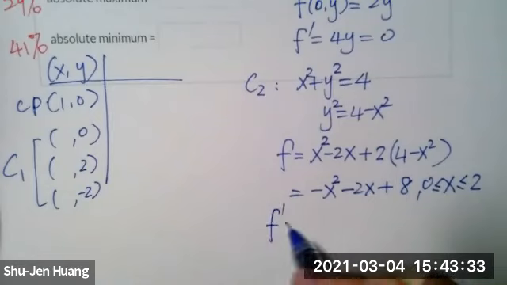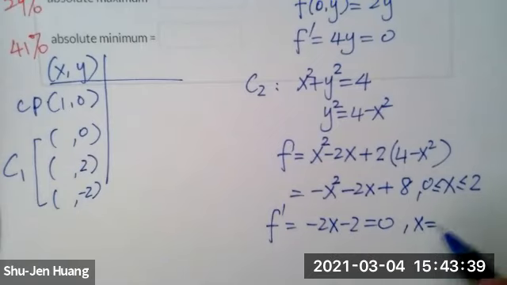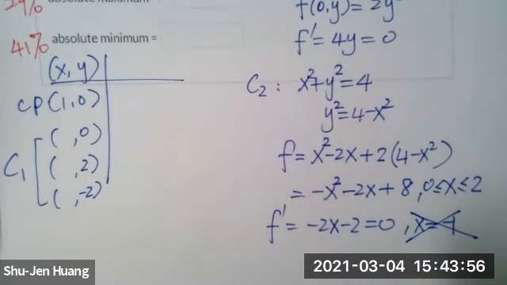Now take the derivative to find the critical point, and we got x equal to minus 1. However, x equal minus 1 is not in the interval here. Can you see that? So we don't consider this critical point because it's not between 0 and 2.